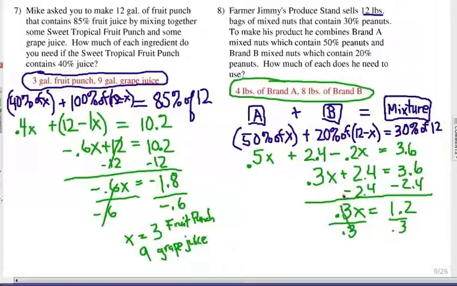Try not to get nervous about that decimal point, because basically you can ignore it at this point and think of that as 12 over 3 if you'd like. And you can do that in your head. That would be 4. So we're going to have 4 of brand A, which would make 8 of brand B, because we know it's a total of 12.